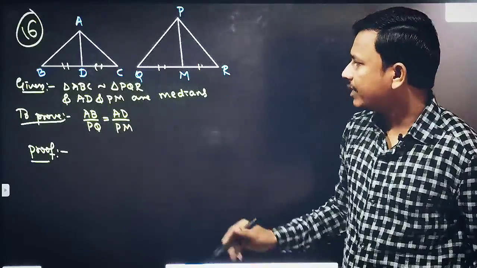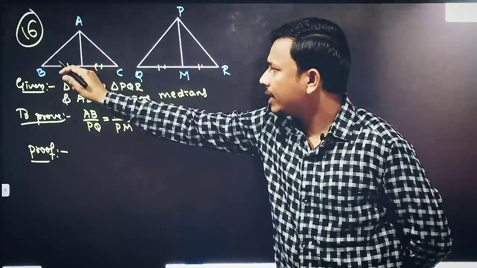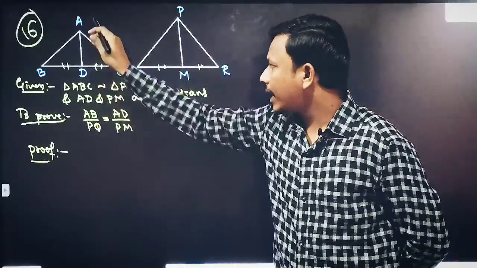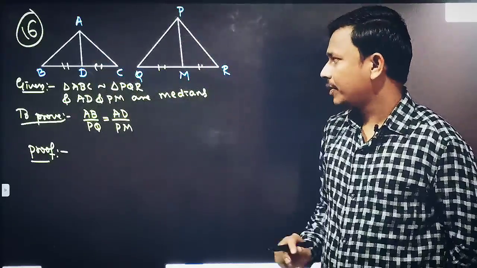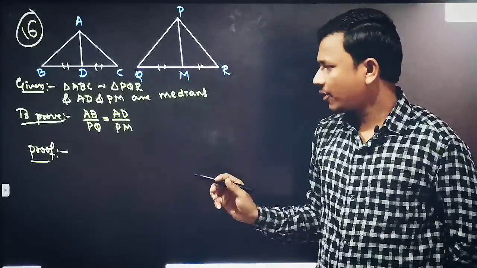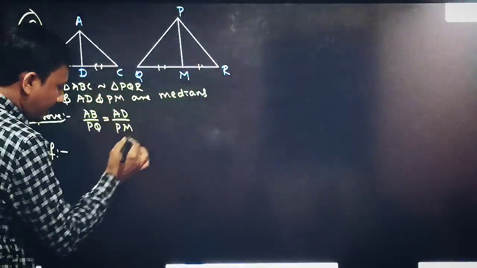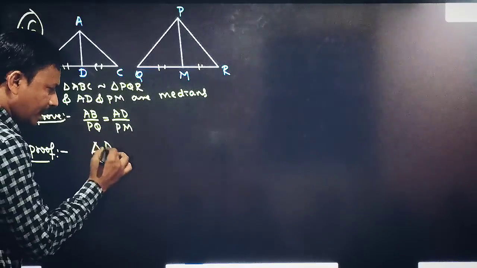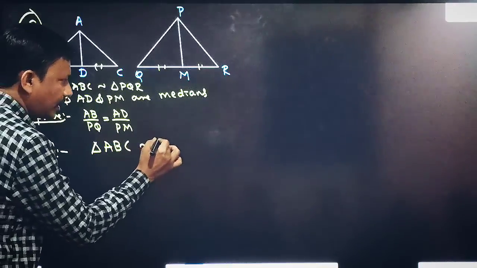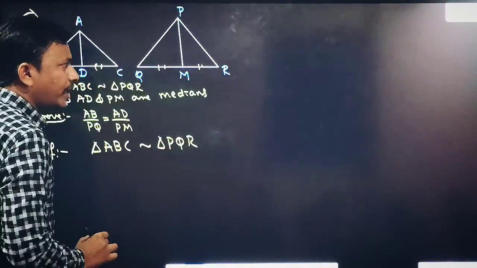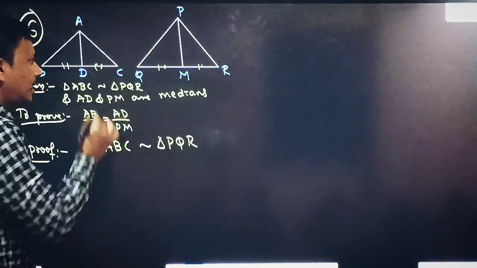Okay. Then what we need to prove? AB divided by PQ is equal to AD divided by PM. Correct? First of all, in the proof, what we need to write? There are two triangles. Triangle ABC similar to triangle PQR. That means corresponding angles are equal.